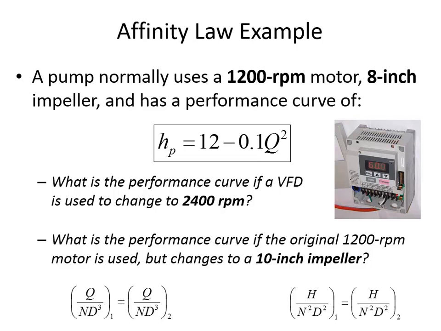then we're simply going to substitute in 0.25 H2, where we had this H1, and then we still have 12 minus 0.1, and then substitute in 0.5 Q2, where we had the Q1 before.